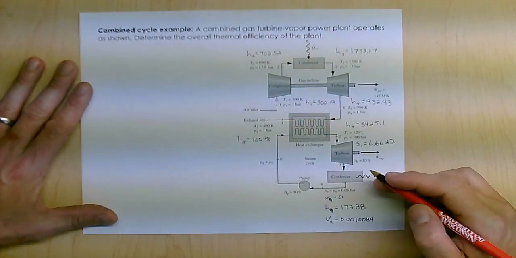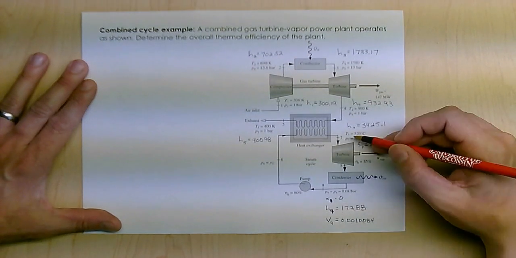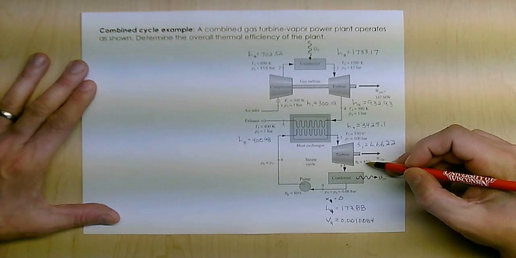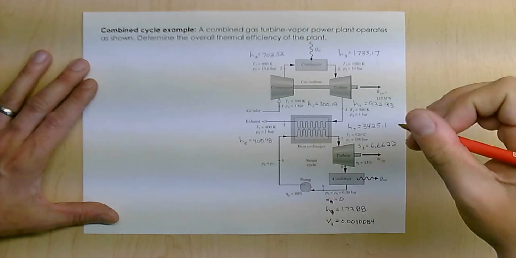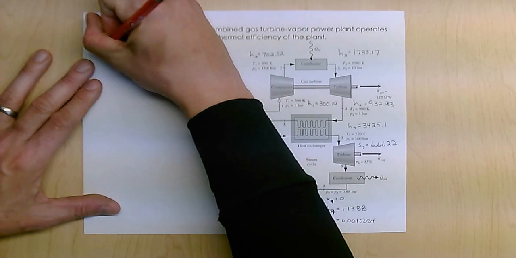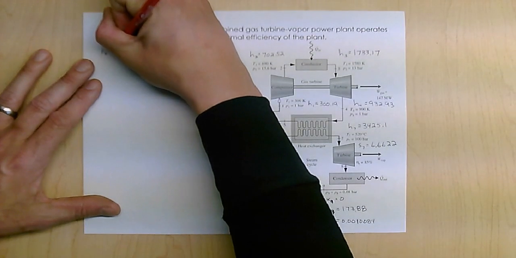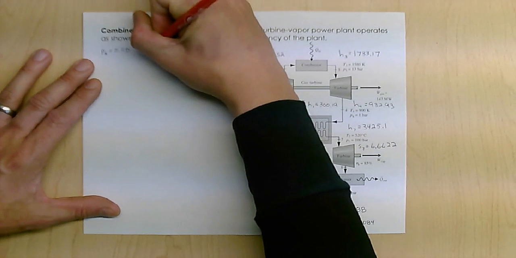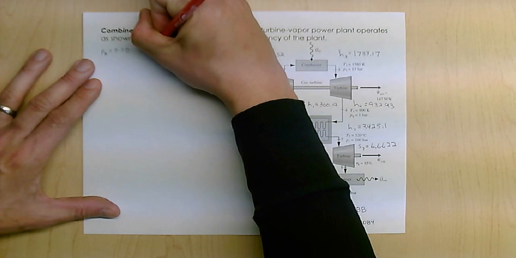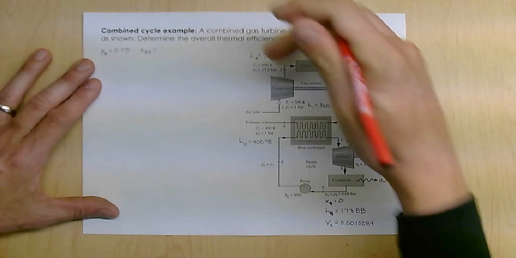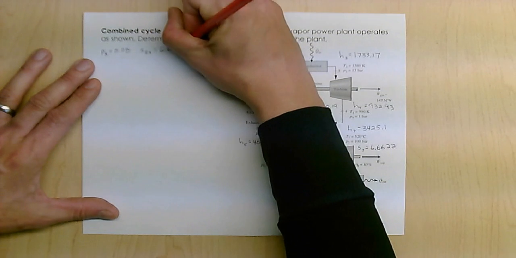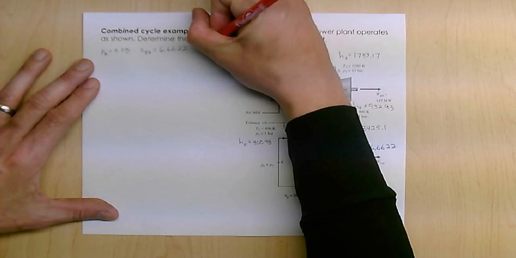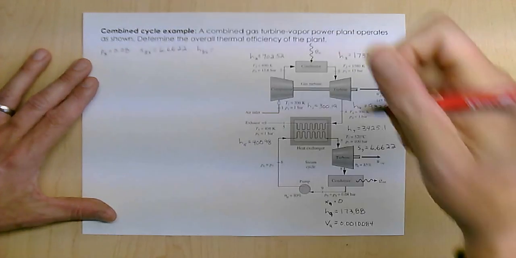Okay. So now I'll go over here to do some of these other calculations. I'm going to go ahead and find state 8. Now, what I have to do is I have an isentropic efficiency. So the first thing I have to do is, P8 is 0.08, and I know S8S, the ideal entropy, would be 6.6622, which gives me an H8S.